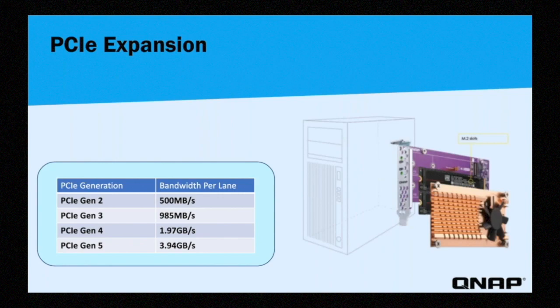If you take a look at the table, you can see the theoretical max speed per lane with the various PCIe generations. PCIe Gen 2 is 500 megabytes per second per lane, PCIe Gen 3 just under a gigabyte per second per lane, PCIe Gen 4 just under 2 gigabytes per second per lane, and PCIe Gen 5 just under 4 gigabytes per second per lane.